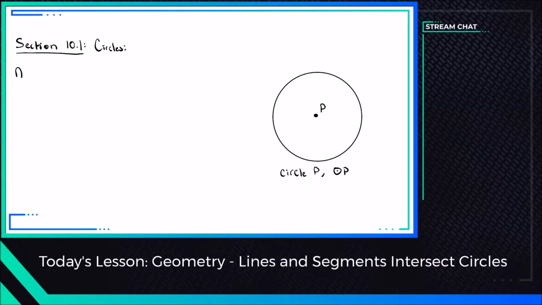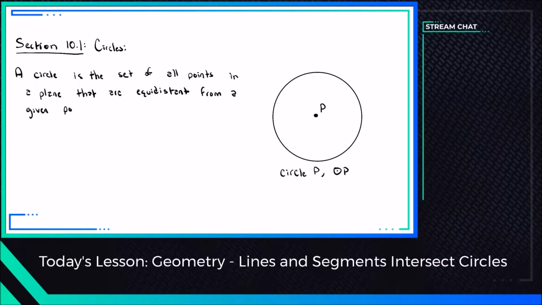So a circle is the set of all points in a plane that are equidistant from a given point called the center.